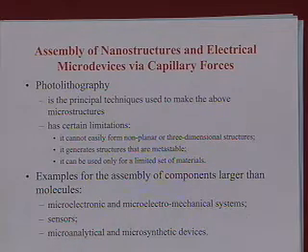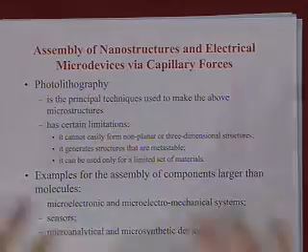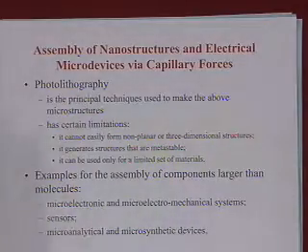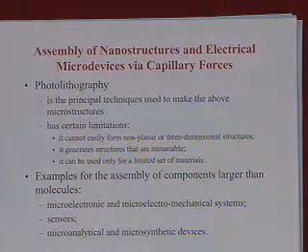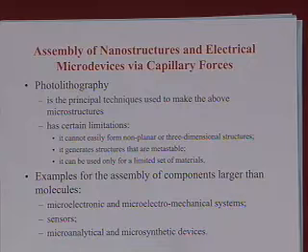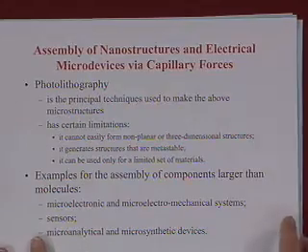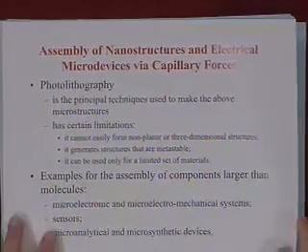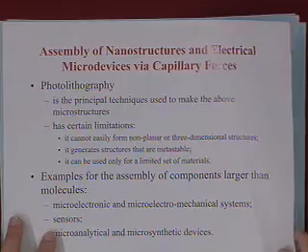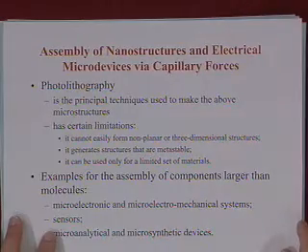As we know, they use light to reproduce the pattern, so it's just a planar structure. Also, it generates structures that are metastable, and it can be used only for a limited set of materials, which are sensitive to light or some chemical gas.